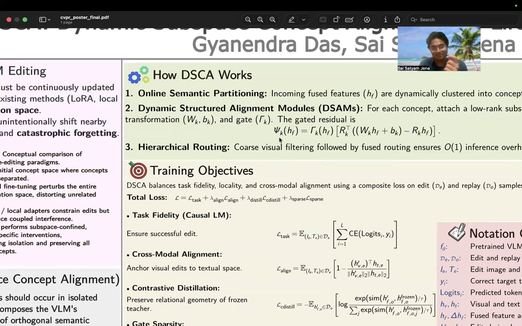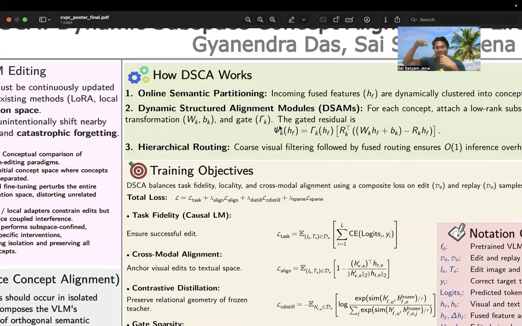So this DSAMP parameter, this psi k, gives us an edit in the activation of the fused internal representation of the model. We generally took it at the middle of the attention layers. This HF is coming from upstream: we have given the image and the text, and after mixing their encodings, we get this fused representation. We say if we apply psi k, and this k parameter is very important, k refers to the specific concept cluster we are referring to. So what does psi k do?